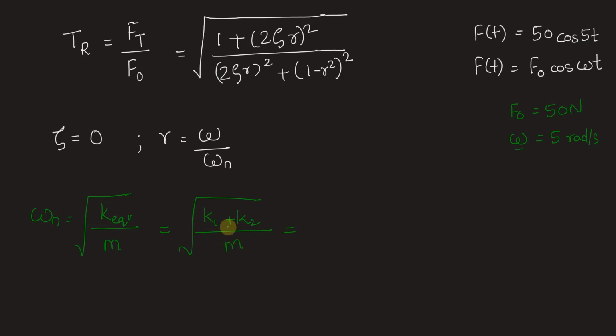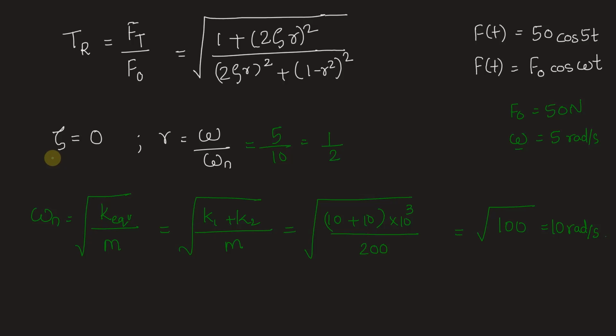Stiffness of each spring is 10 kN per meter, so converting to Newton per meter, we get (10 plus 10) into 10 to the power 3 Newton per meter divided by mass, which is 200 kg. So we get omega n to be root over 20,000 divided by 200, which gives root over 100, which is 10 rad per second. We have the natural frequency and the exciting frequency, so we can calculate the ratio r. That is nothing but 5 by 10, which is 1 by 2.